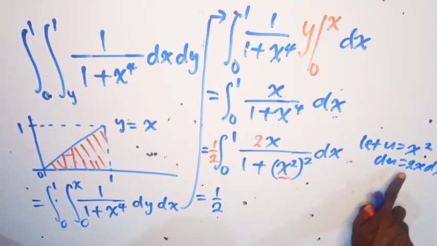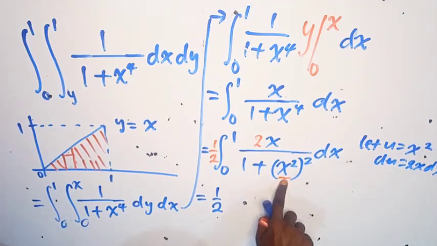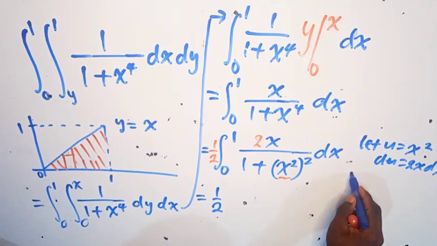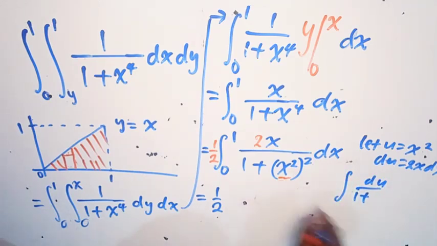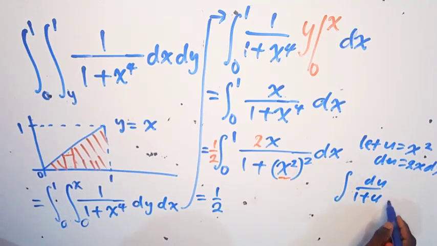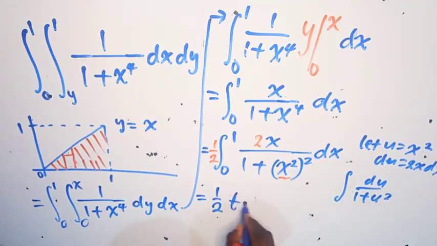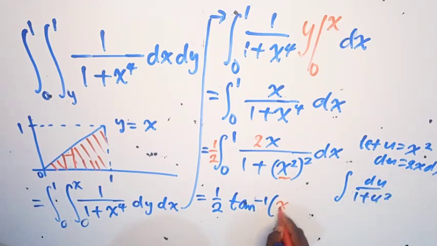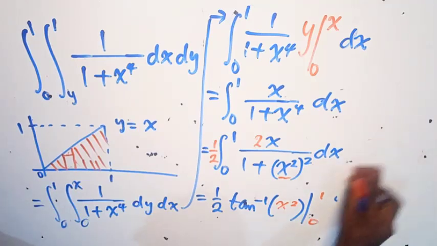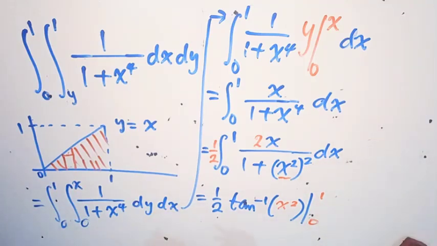So 2x dx becomes du, and we have the integral of du divided by 1 plus u squared. This is in fact inverse tangent of u. And u is x squared, so that is inverse tangent of x squared, and we have to evaluate that from 0 to 1.